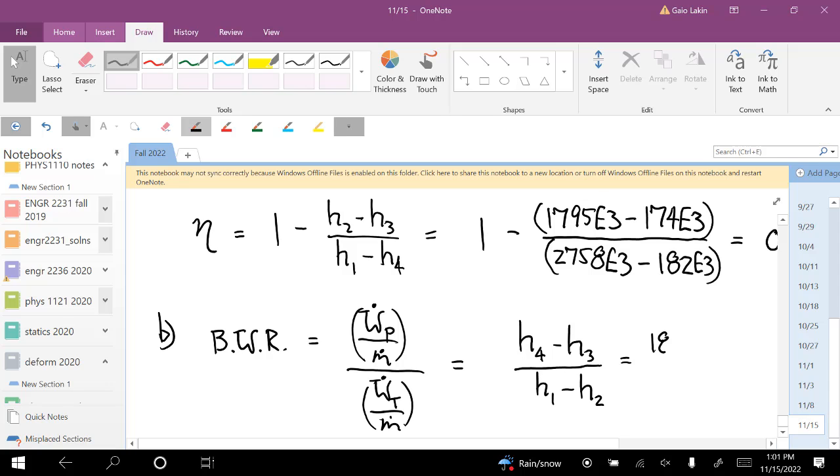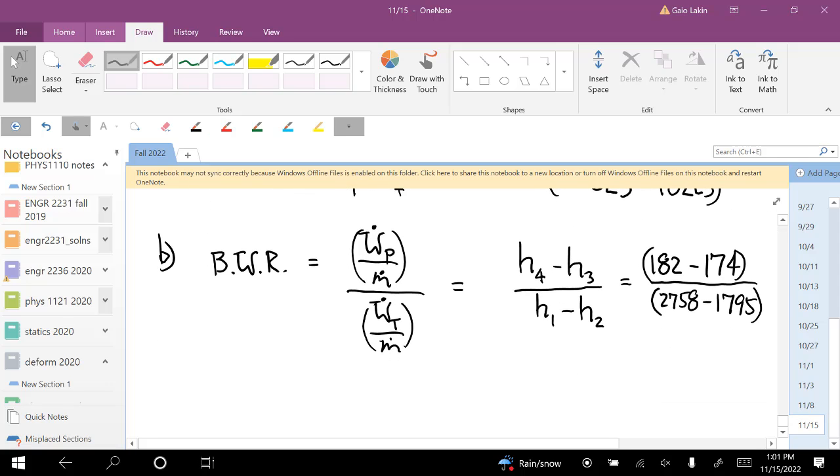And that's 182. I'm going to just divide out all the times 10 to the thirds. Minus 174 over the quantity 2758 minus 1795. And so the back work rate is equal to 8.31 times 10 to the minus third.